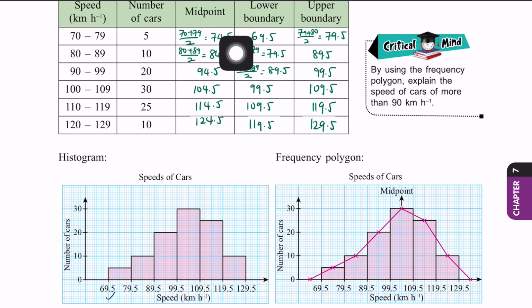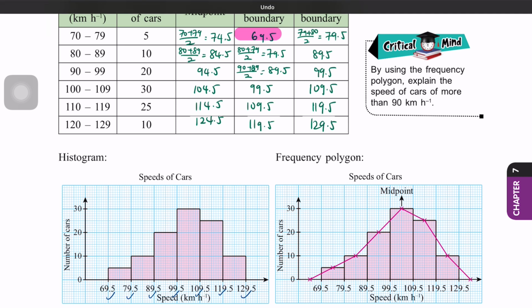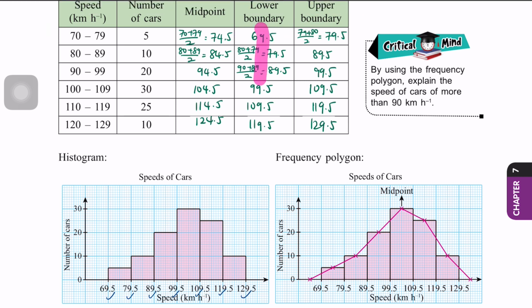Follow je 79.5, 89.5, 99.5, 109.5, 119.5. Tutupkan dengan 129.5. Boleh? Maksud dia awak kena lukis mula daripada sini, ni. Sini habis kat sini. Bentuk L. Okay, kalau salah loser. Senang nak ingat.